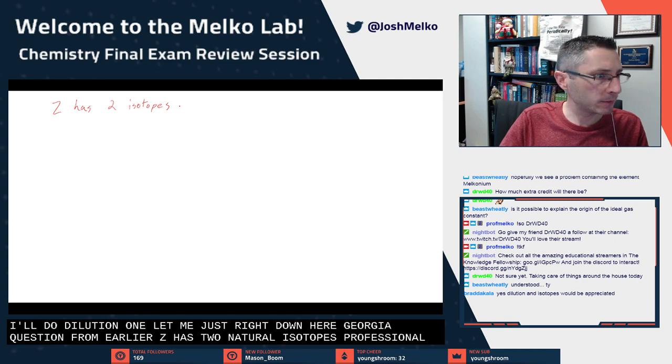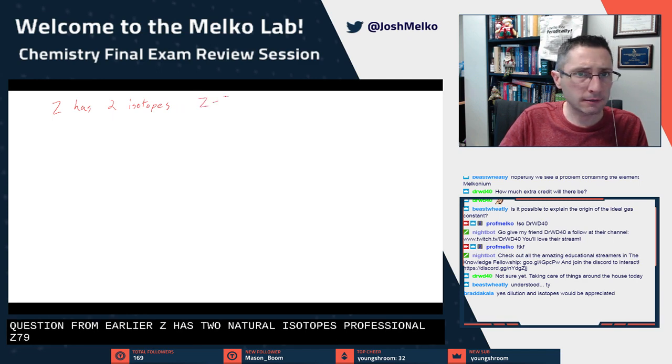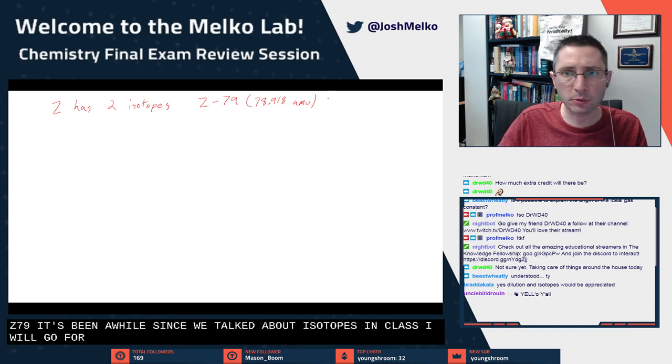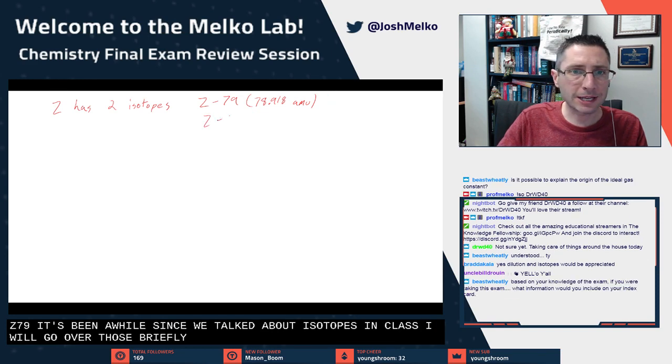Z has 2 isotopes, Z79. It's been a while since we talked about isotopes in class, so we'll go over those briefly. And Z81.